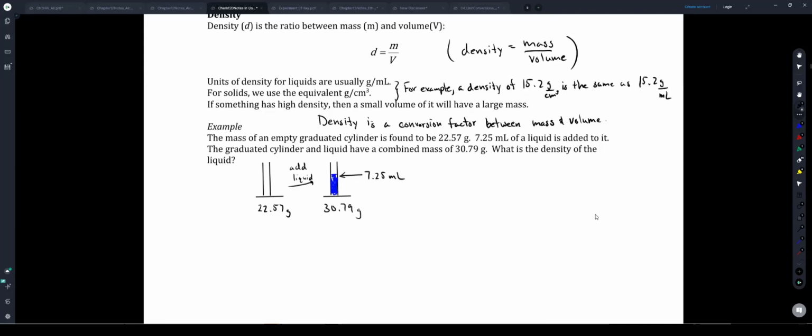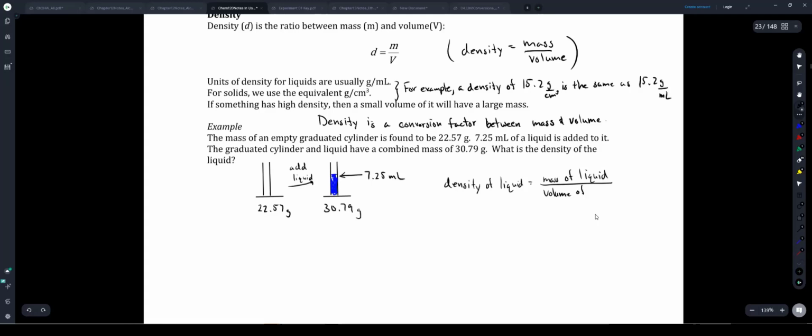Now, let's be very clear. The density of the liquid, and this is where you have to be very careful that you don't go wrong, is not just mass over volume. It's mass of the liquid divided by volume of the liquid.